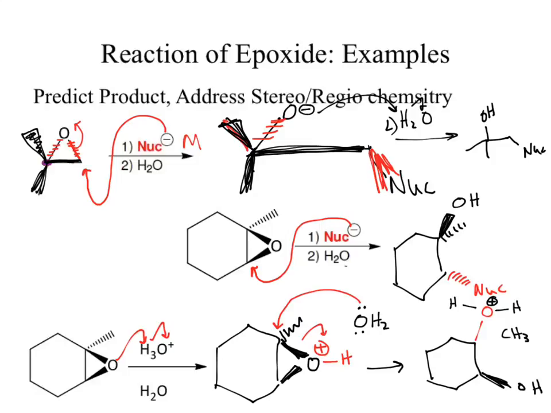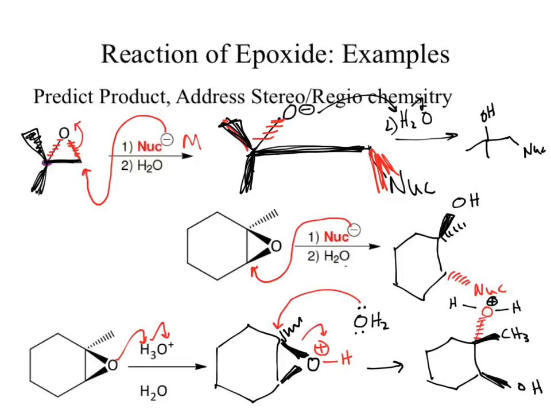Okay, why all the pause and slowness on this? What happens to the CH3 then? It ends up getting pushed to the front. We still see the inversion that we would see for an SN2. Okay, but it's happening at the most substituted carbon that we would not expect for an SN2 reaction.